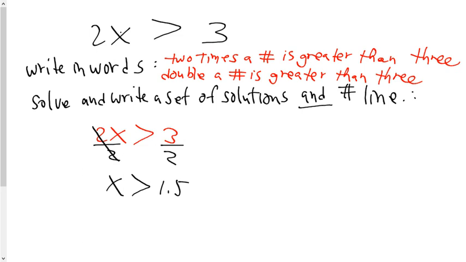So give me any number, Riley, that's greater than 1.5. Any number. 1.6, right? So if I substituted 1.6 here, what would that value be? 3.2. And is 3.2 greater than 3? Yes. So 1.6 is a valid value of x to make this expression greater than this expression.